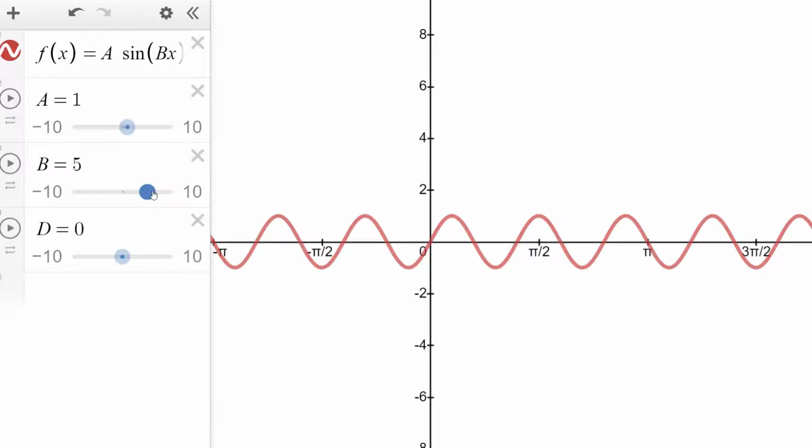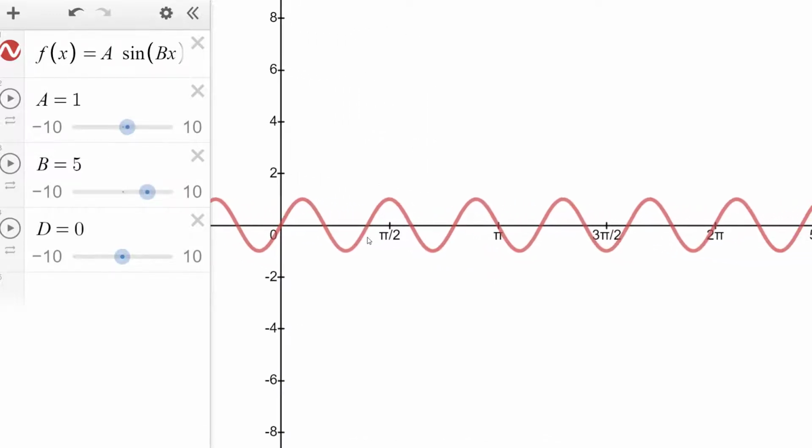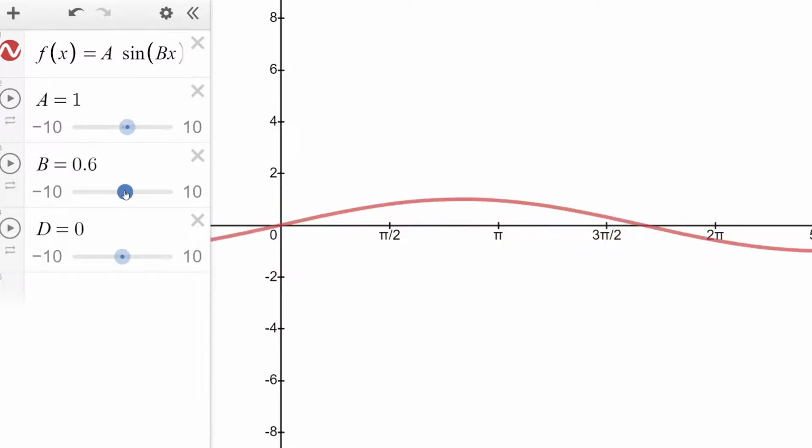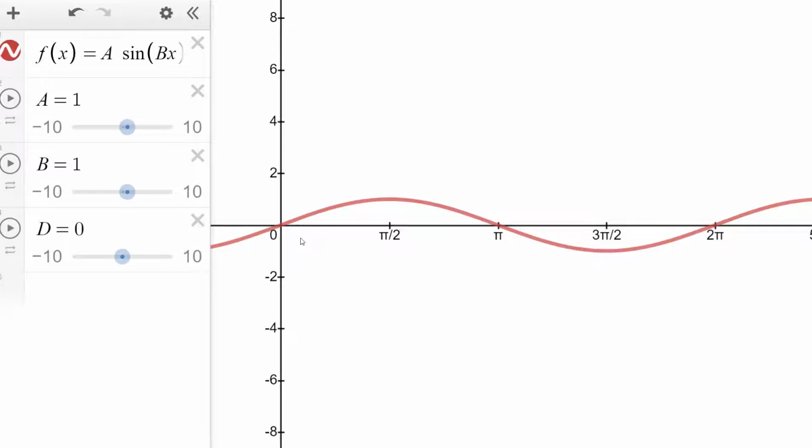Let's take it from 0 to 2 pi. If I start at 1, so b is equal to 1 here, from 0 to 2 pi, we get a full cycle of the sine curve, right?